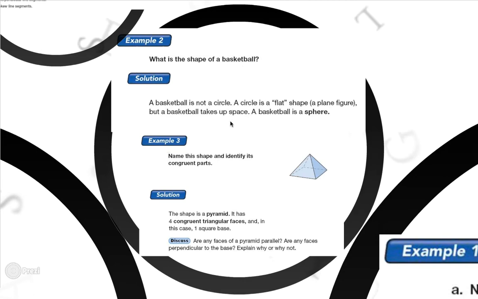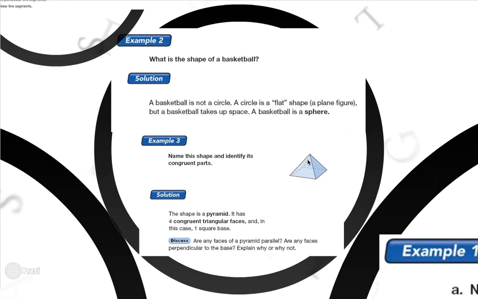All right. And then example number 3, we have this shape here. You got to name the shape. So this is a pyramid and not a triangular prism. This one's a pyramid, and identify its congruent parts. Remember, congruent means the same.